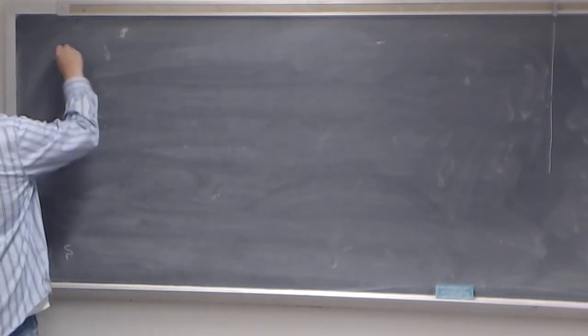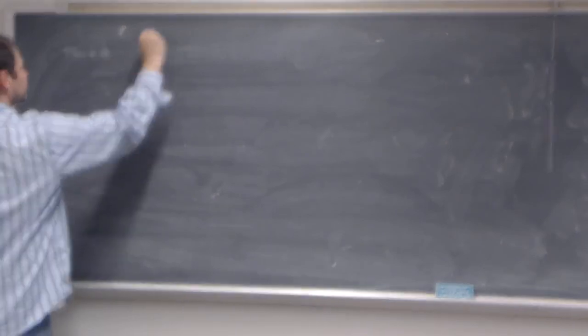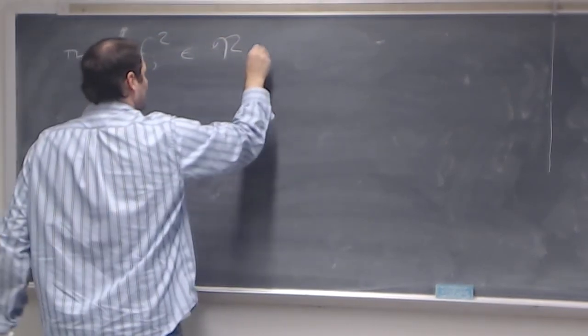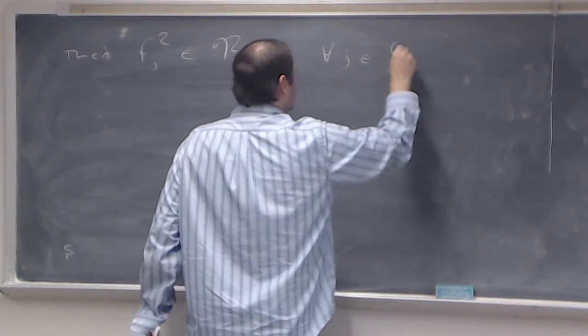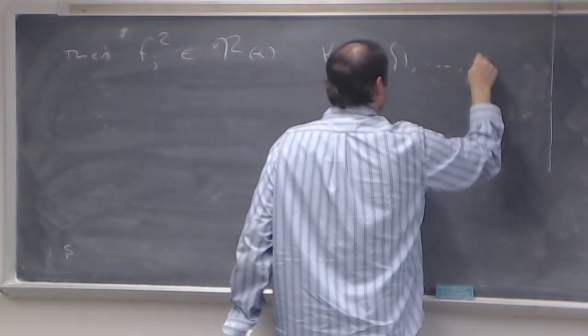Then f sub j squared is Riemann-Stieltjes integrable, and that's true for all j from 1 up to k.